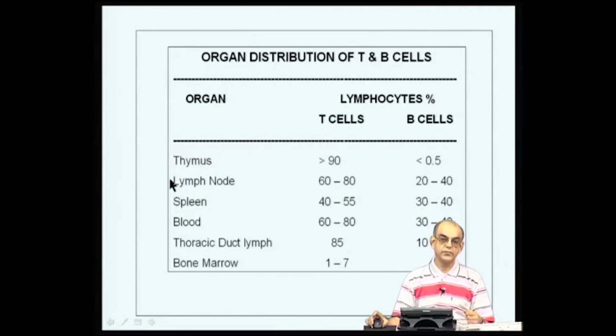Of course, there are a lot of stromal cells and other type of epithelial cells that actually belong to the thymus, which take part in educating these incoming and outgoing T cells.